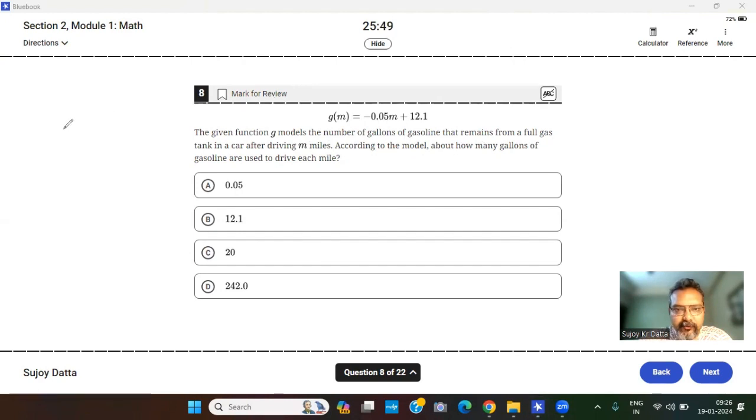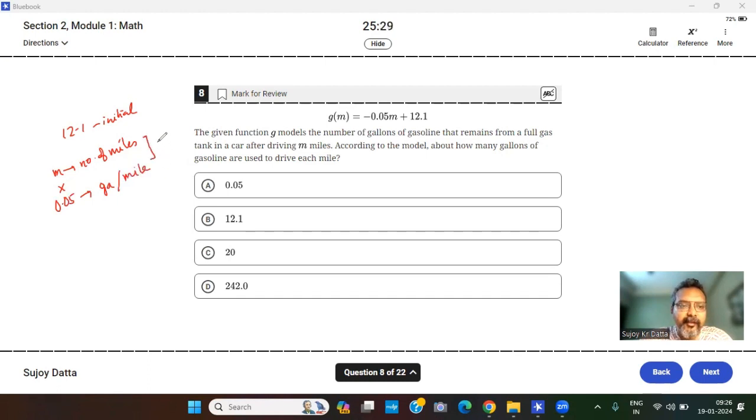See, I'm saying 12.1 was the initial value. M is the number of miles. But then I have to get it to gallons, right? So I multiplied with 0.05, which is gallons per mile.